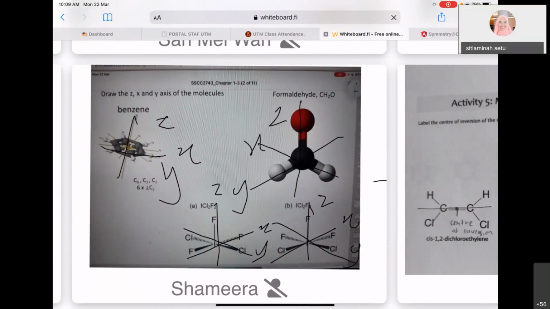Kemudian ada X. Okay, X dia, okay, X kemudian Y. So kalau you ikut tangan, cuba masing-masing buat Z dekat atas, okay, ibu jari ke atas, kemudian ada X, kemudian ada Y. Okay.